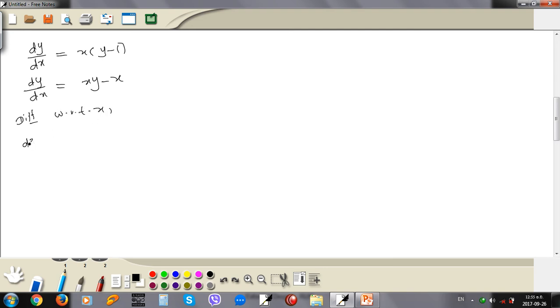Then we get d squared y over dx squared equals x times dy by dx plus y times 1 minus 1. So d squared y over dx squared equals x times dy by dx plus y minus 1.